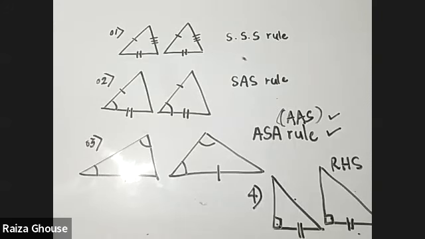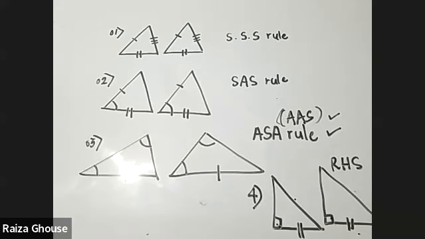Okay, just for brief knowledge, we'll write this down. Write below the topic: elements that are sufficient for 2 triangles to be congruent. Can you repeat again?